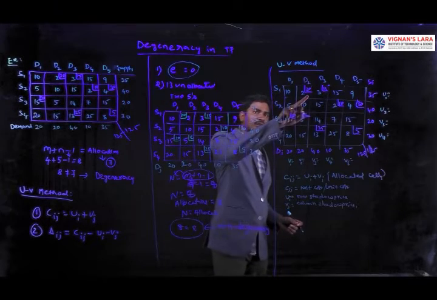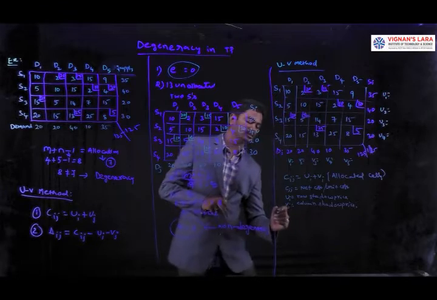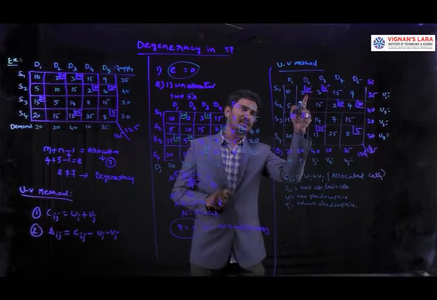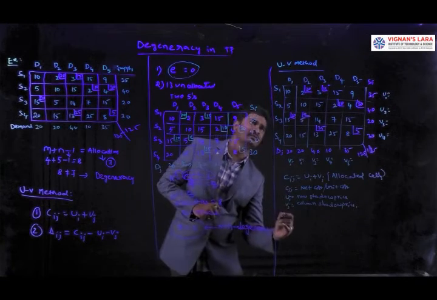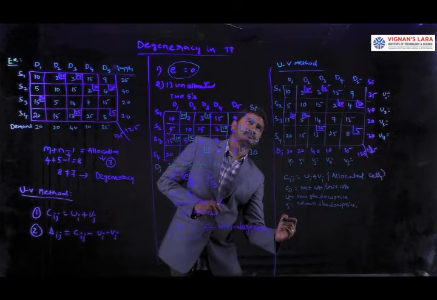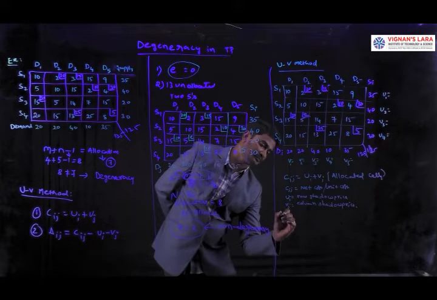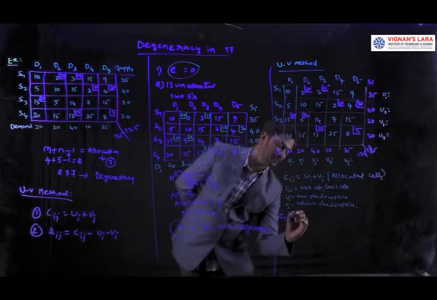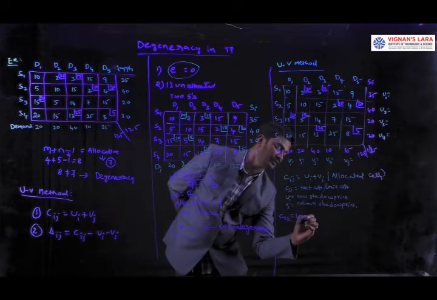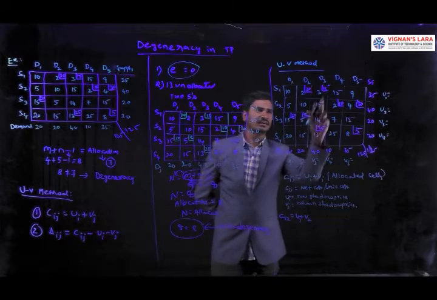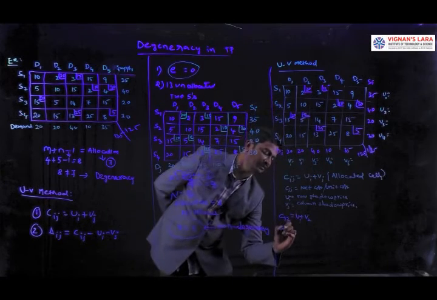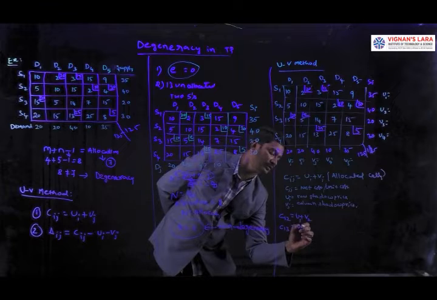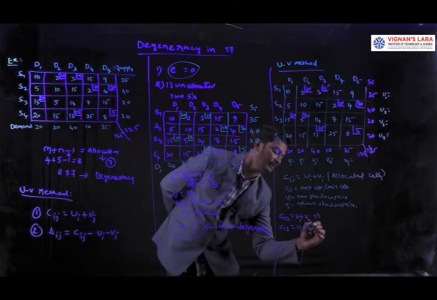First we have the allocated cells. What is the Cij value? For S1 D2, C12 is equal to U1 plus V2. Next, for the second allocation, C13 is U1 plus V3.